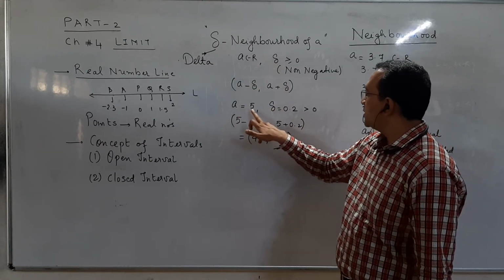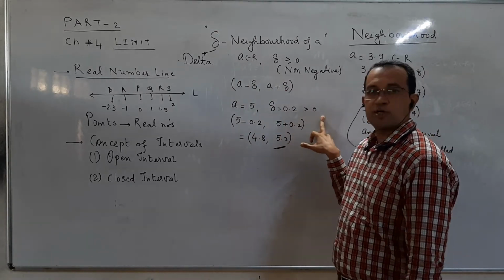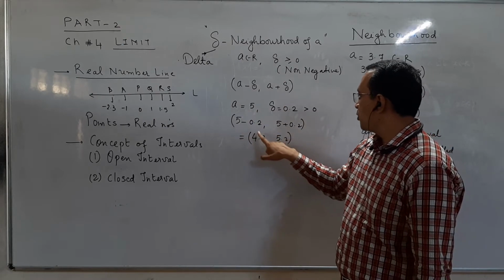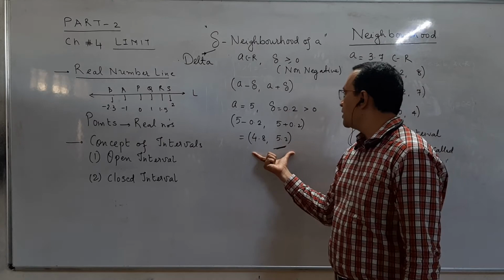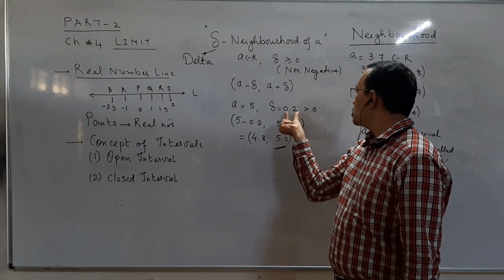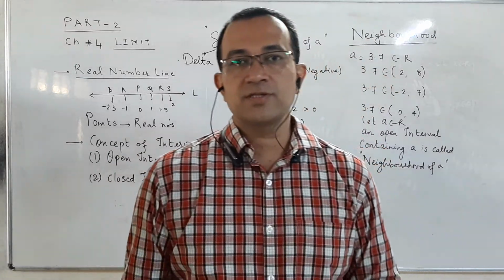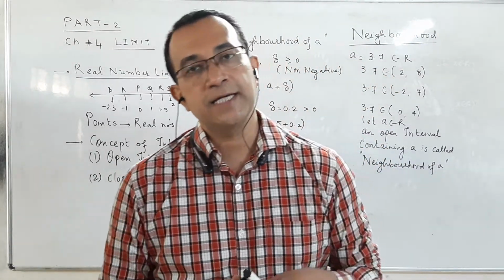As per our example, A is equal to 5 belongs to R. Delta is 0.2, of course positive. The open interval A minus delta means 5 minus 0.2, 4.8. A plus delta means 5.2. This open interval is called the 0.2 neighborhood of 5. So this is nothing but the delta neighborhood of A.